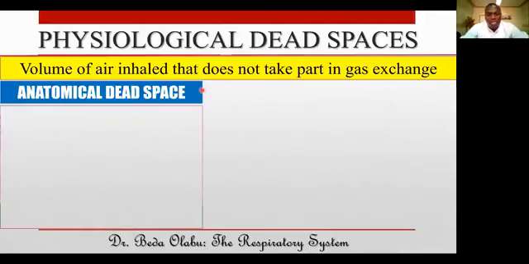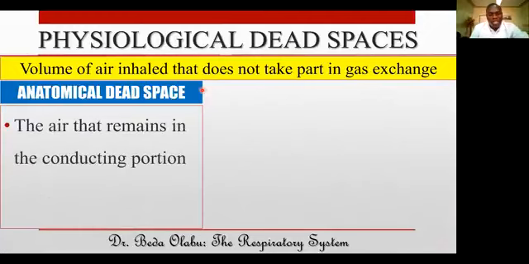The anatomical dead space refers to the volume of air that remains within the conducting portion. You see, when you inhale, air has gone into your lungs, yes, all the way to the alveoli, yes, but there's still some air in the trachea that cannot participate in gas exchange. There's still some air in your nasal cavity that cannot participate in gas exchange.